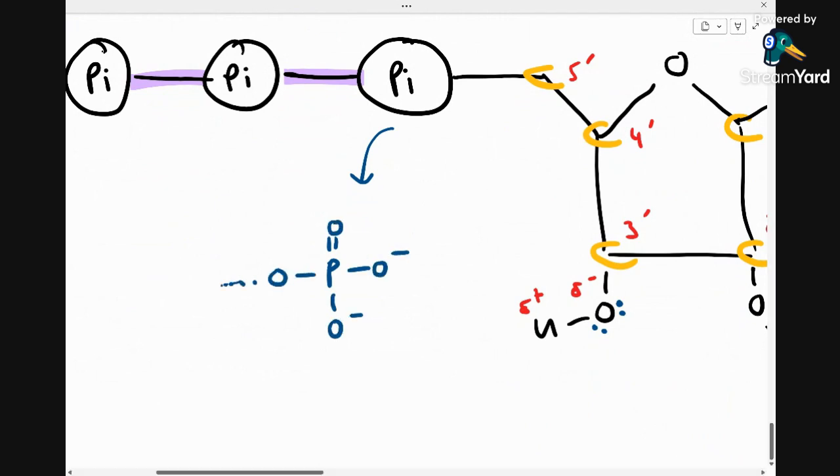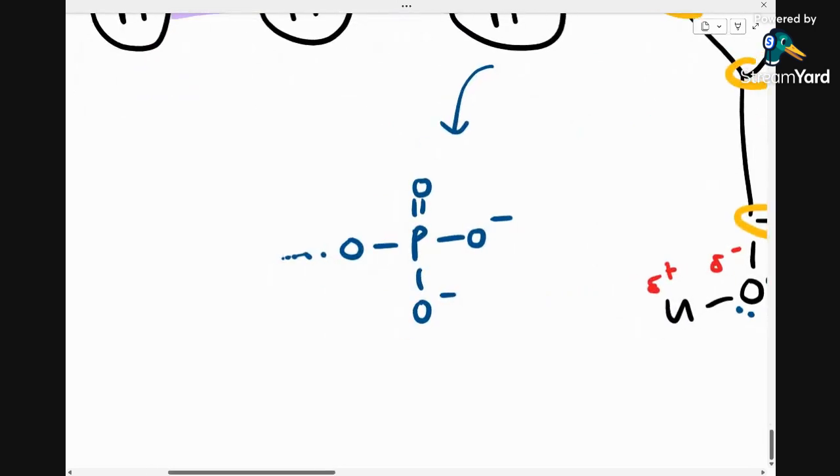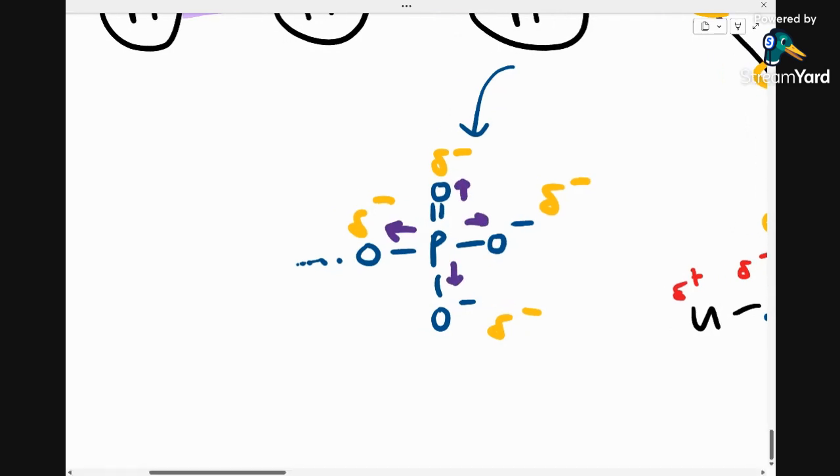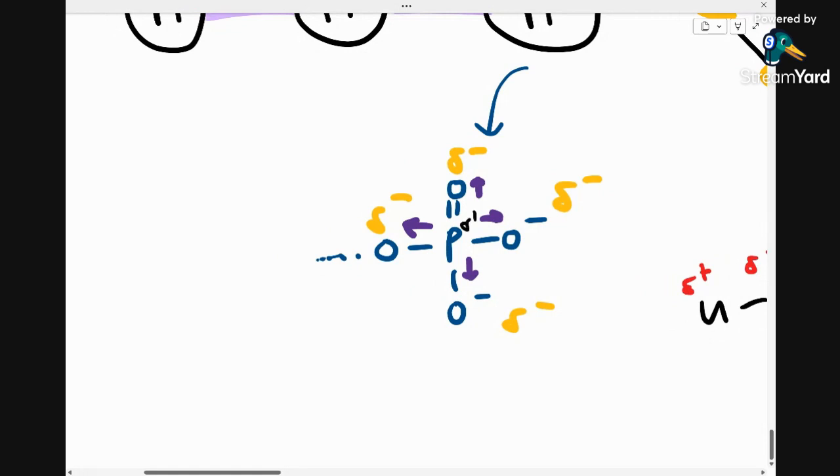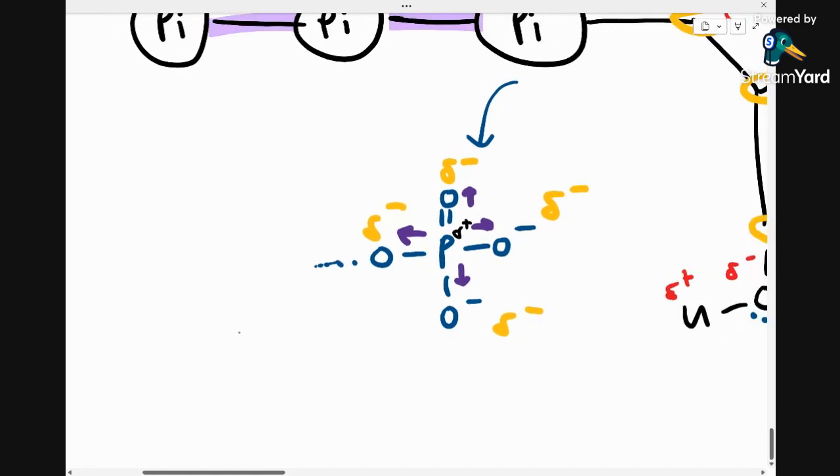And then this connects to the next phosphate group. Hopefully you appreciate that all of these oxygens are delta negative, so they are all pulling electron density away from the phosphate group. That means the phosphate in the middle is delta positive. So if I zoom in here, this phosphate is delta positive. It is an electrophile.